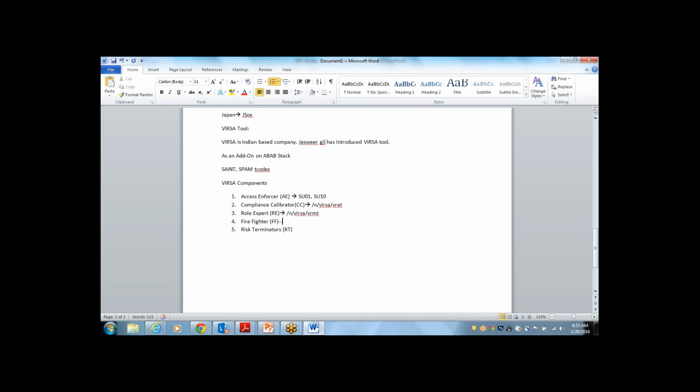And if you want to access firefighter, you have the transaction code called /n/VIRSA/VF80. So this is GVRAT and this is VF80, and finally risk terminator /n/VIRSA/ZRTC/NFG. Okay, these are the transaction codes we had.